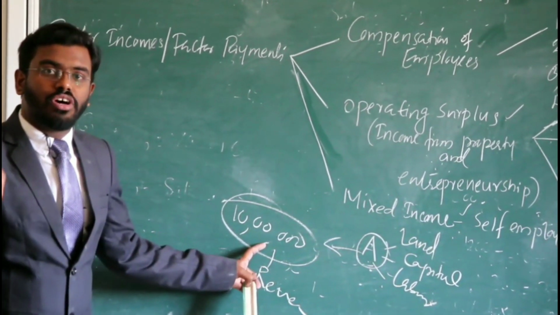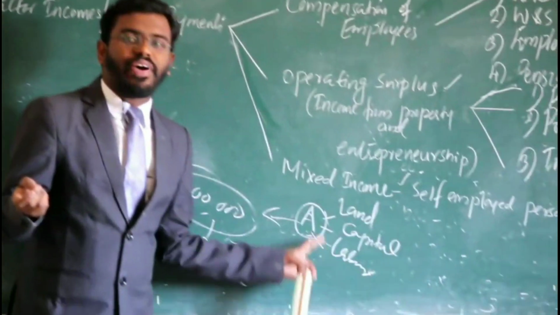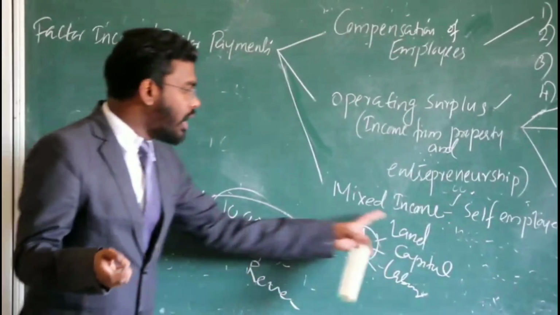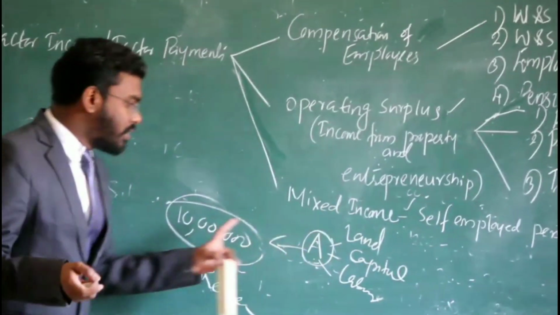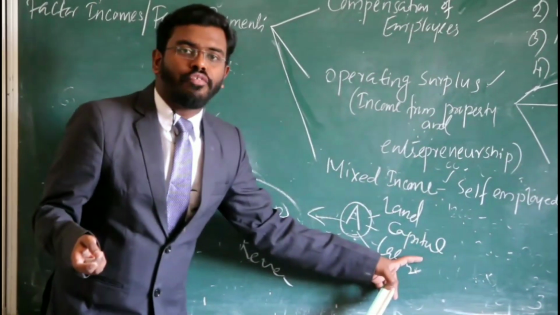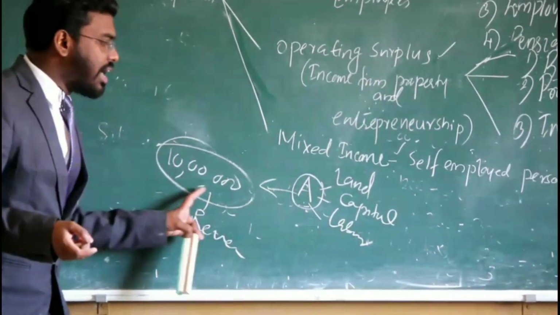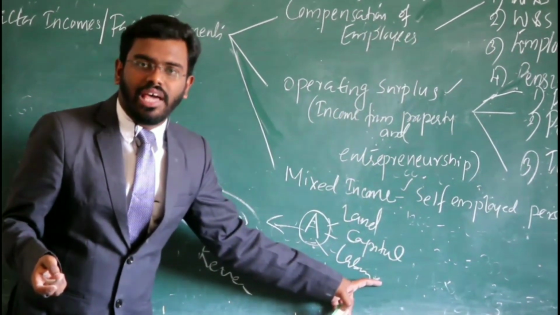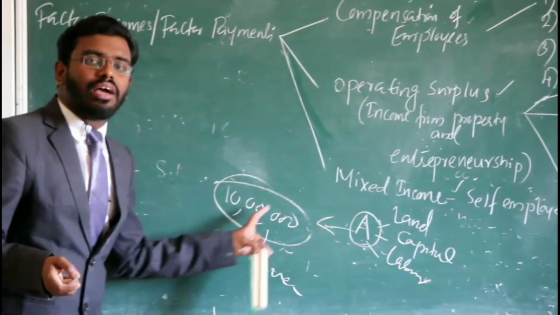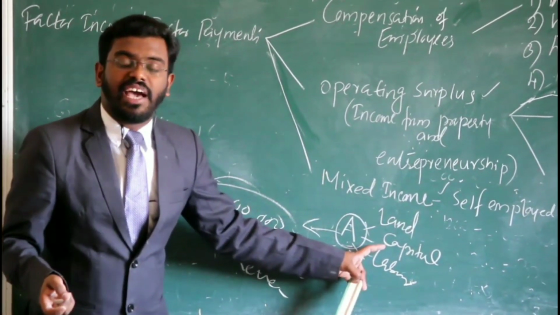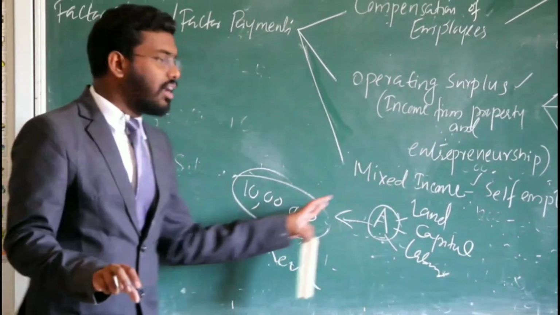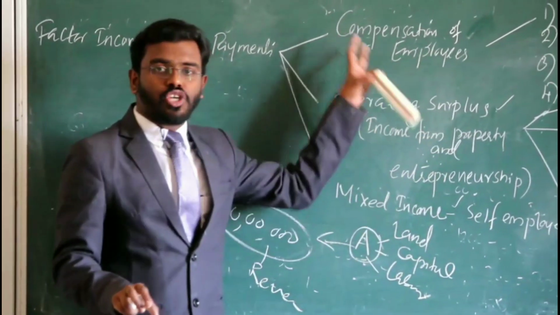It is the mixture of all the factors of production, because this 10 lakh included rent of his land, interest of his capital, wage or compensation of employee for his own labor power, and profit of his entrepreneurship. So we cannot divide this 10 lakh into these factors of production.